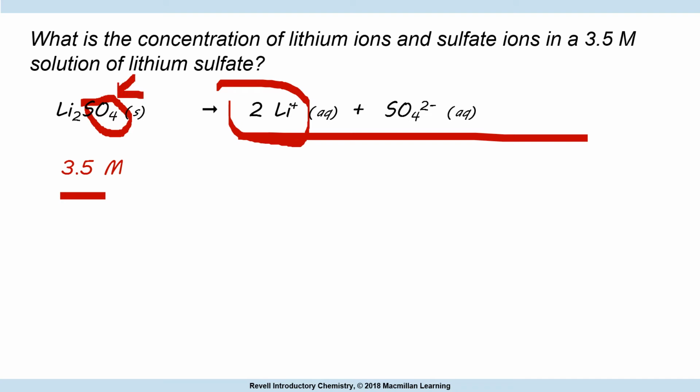So you should be able to think about this, apply an equation, or just write this down. For every 1 there's going to be 2, so that means there's going to be 7 molar of the lithium ions and 3.5 of the sulfate. So anytime you're going through this, if you want to think about it more, take notes, you should be stopping the video.